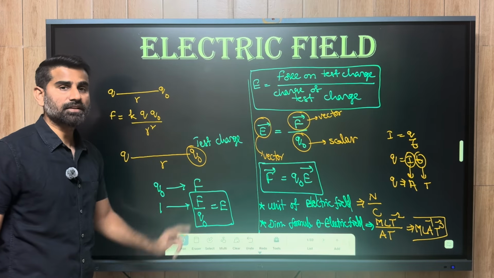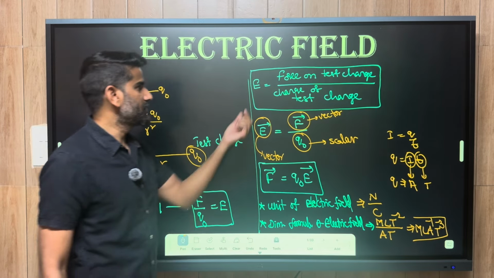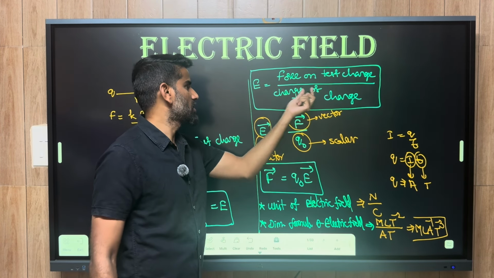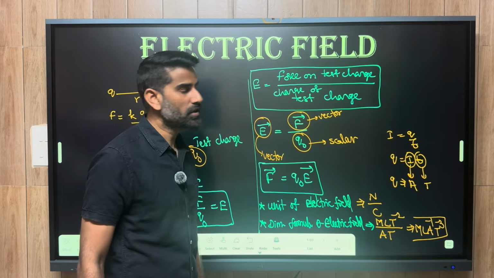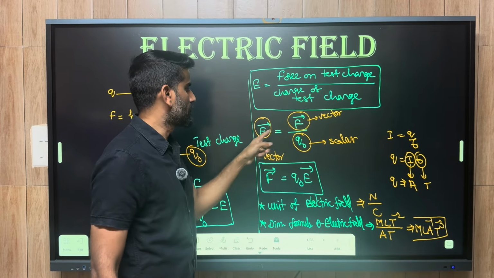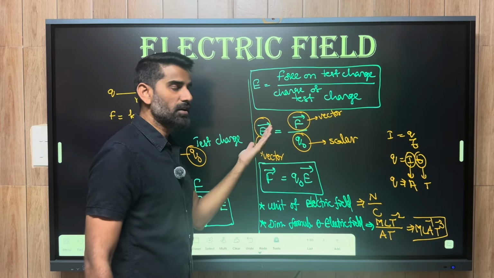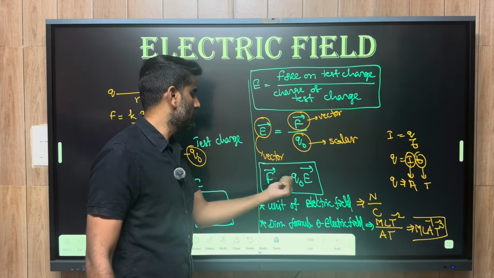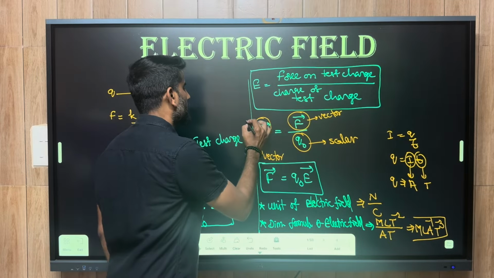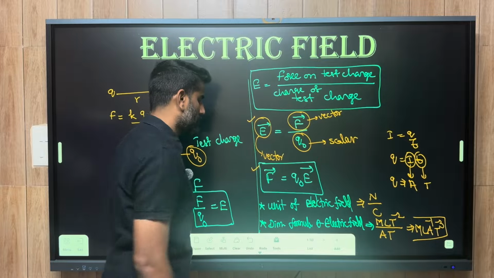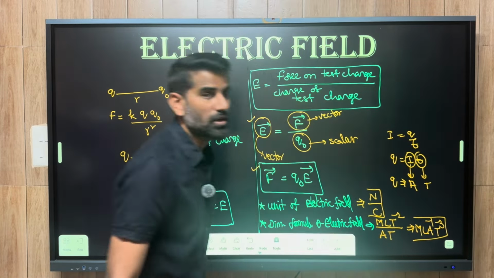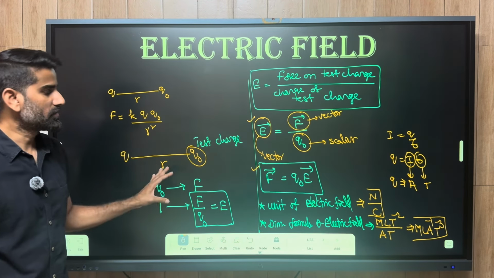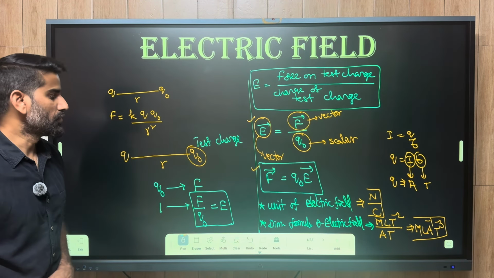F by Q naught, which is E. Generally the electric field is defined as the force on the test charge divided by the test charge, so force per unit charge. The given formula is F by Q naught. I have rearranged this equation to F is equal to Q naught into E. I have to remember these formulas and the unit as well, and finally the dimensional formula. These are the points that we have discussed so far.